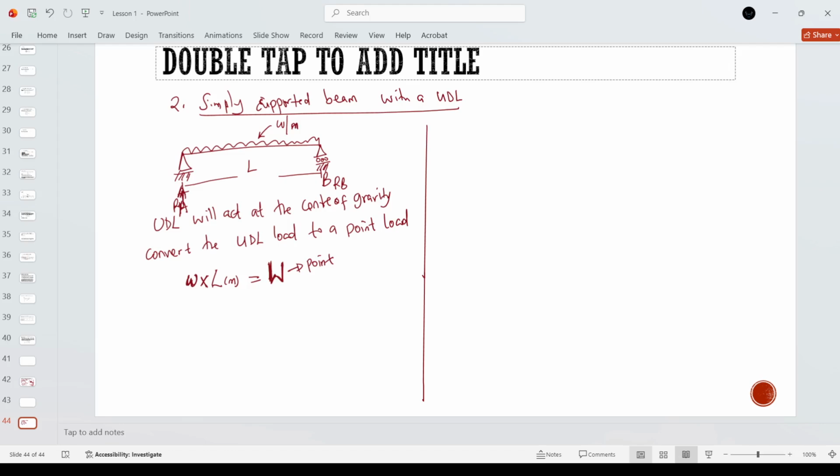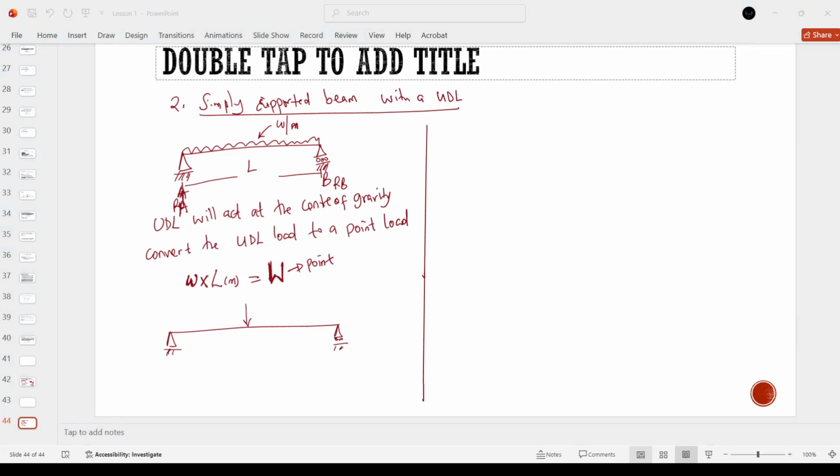Okay, let's see that. Anybody else that has something? Let's see how that would be. So as Ayub is saying, when we convert the UDL to a point load, it's going to act at the center.